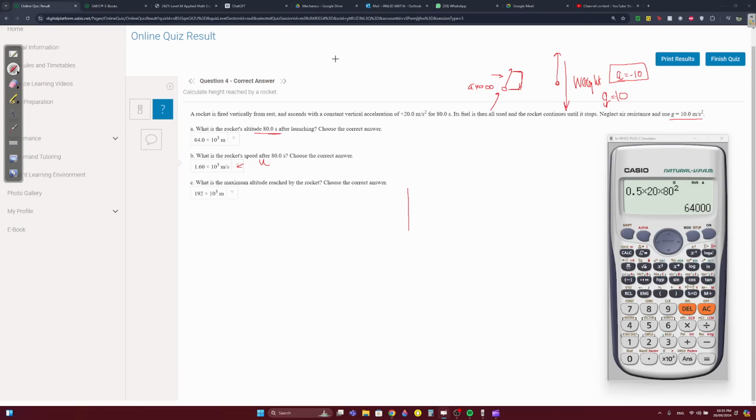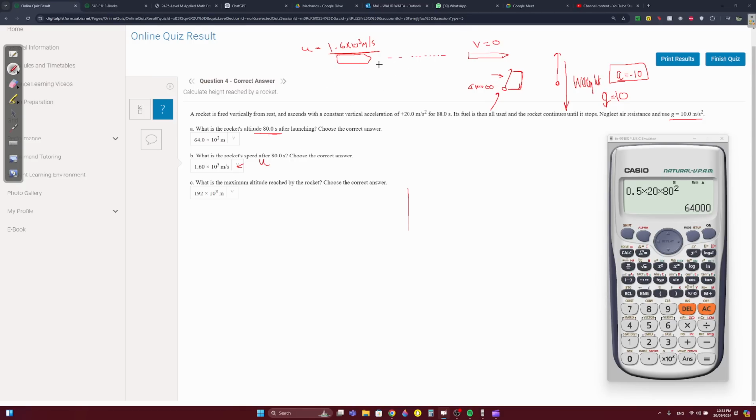Let's say I draw the rocket, and it's in the air at 1.6 times 10 to the power of 3 meters per second. It's going to start slowing down until it stops, so the final velocity will be 0. When it stops moving, we want to know how much distance it traveled.